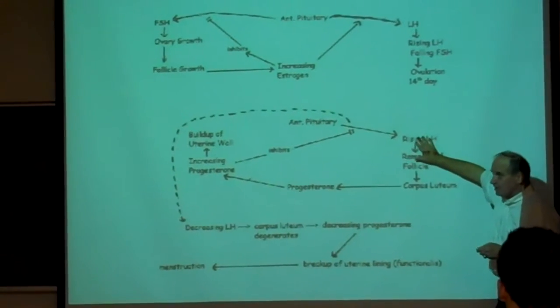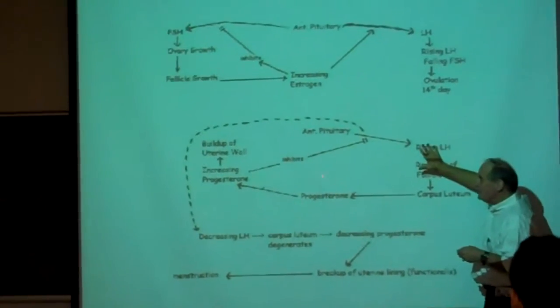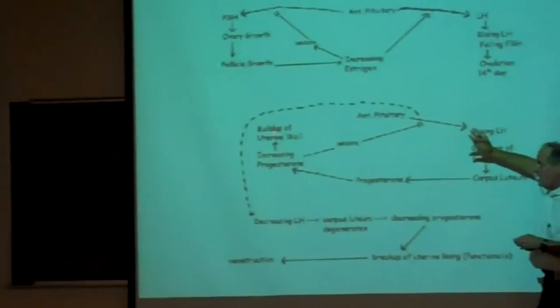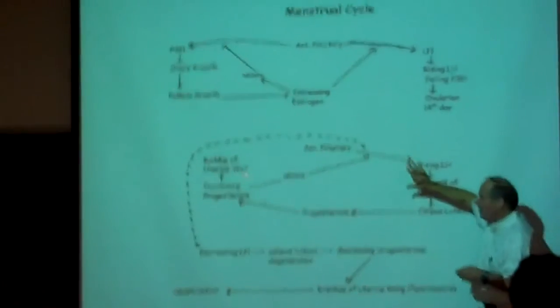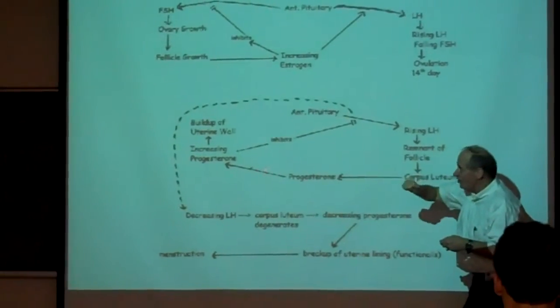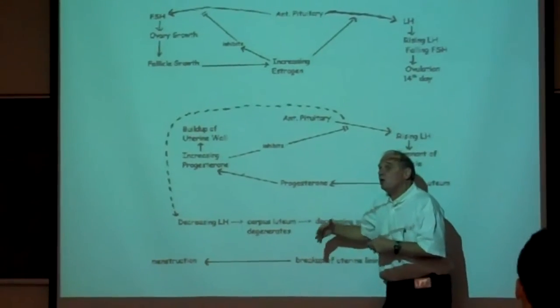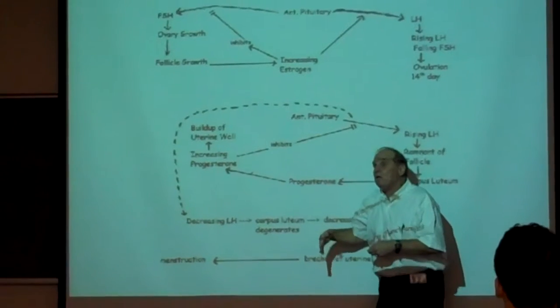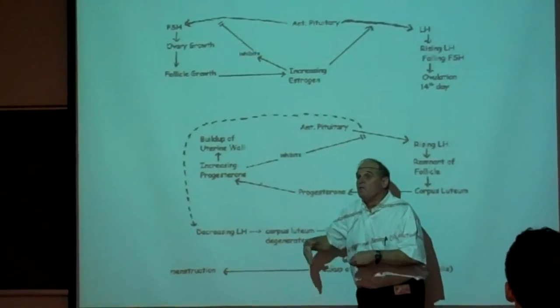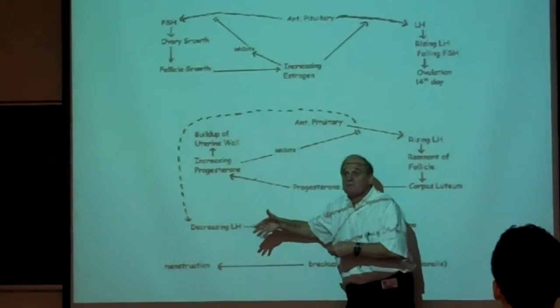Now here's what happens. If pregnancy does occur, progesterone maintains the uterine wall. If pregnancy happens, then the human chorionic gonadotropin will begin very shortly, within a few days or weeks after this period.